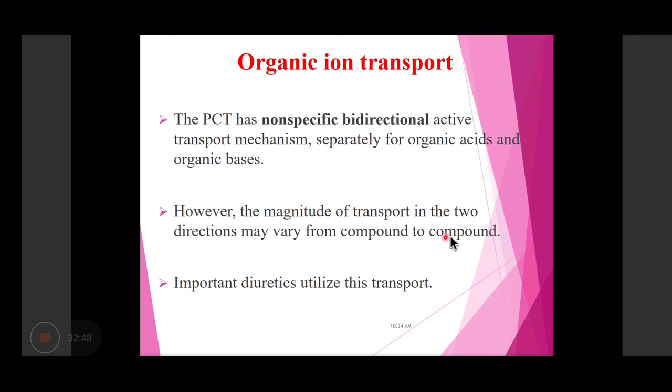Whereas for another compound like penicillin, more secretion into the tubules occurs than reabsorption through these transporters. So the magnitude of transport may vary, but the directions may be both ways.